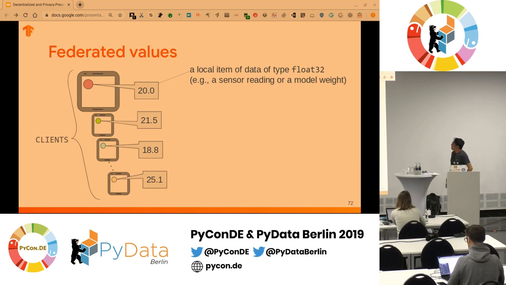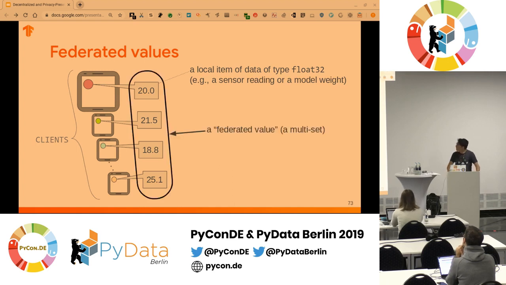So this is a local item of data type float 32. Let's say it's a sensor reading. Could be a model weight too, but in this case it's a sensor reading. So that's the notion of a federated value. It's representative of that float 32 value being in all the different clients. So it's a multi-set.